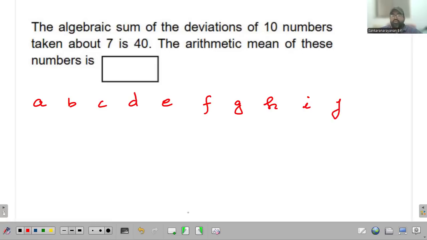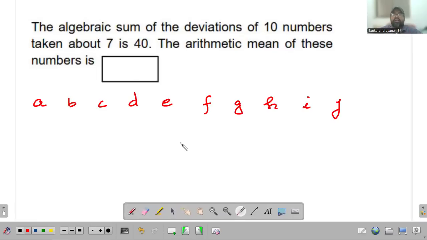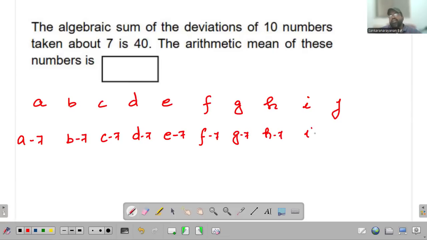Now, what you are doing here is taking the algebraic sum of the deviations of these from 7. So I am considering A minus 7, B minus 7, C minus 7, D minus 7, E minus 7, F minus 7, G minus 7, H minus 7, I minus 7, and J minus 7.